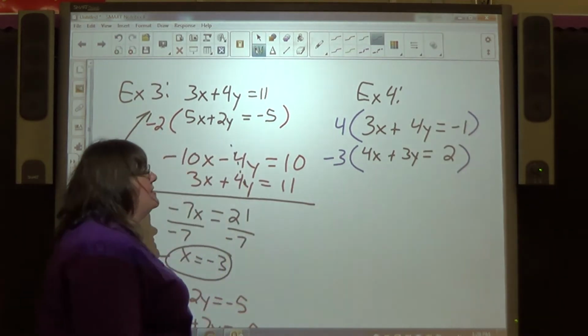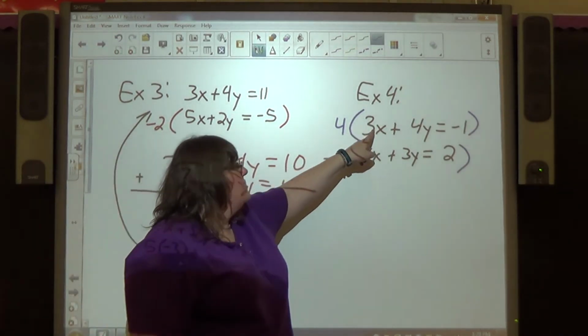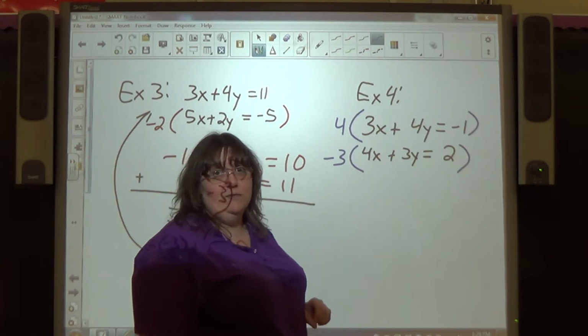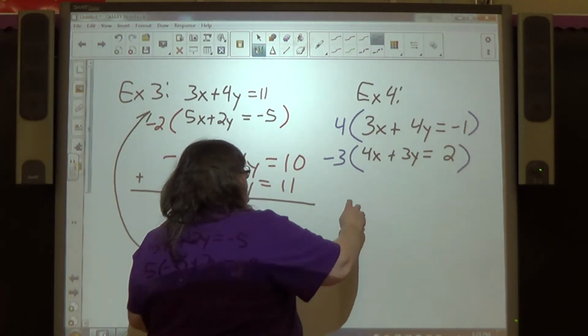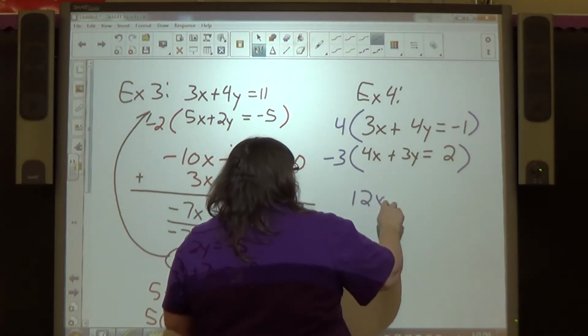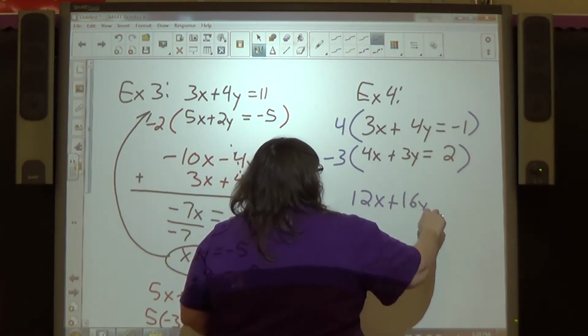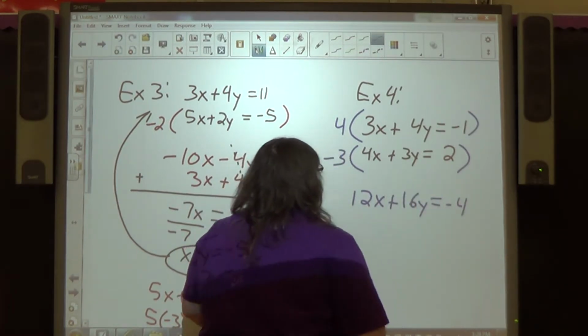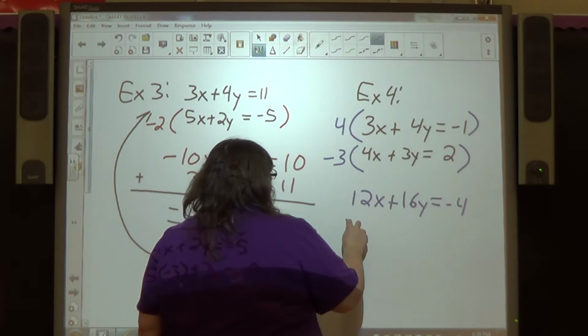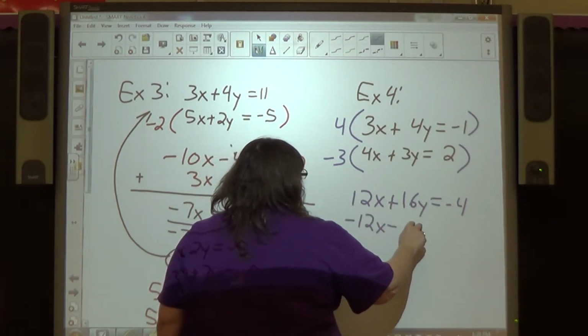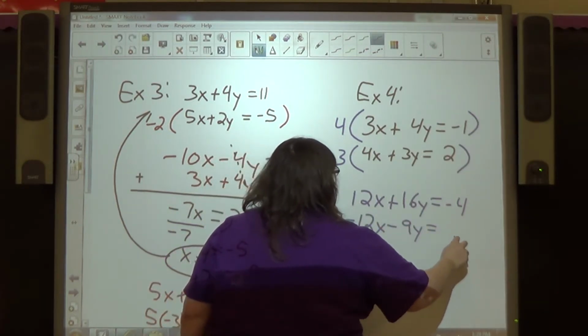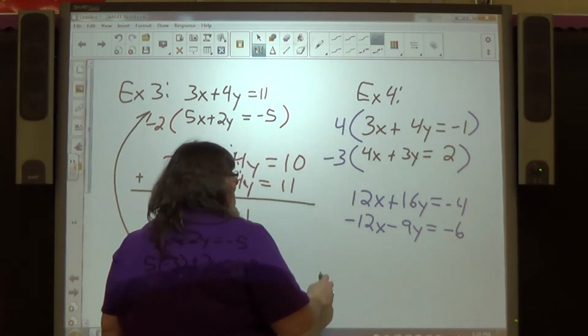When I do this, I will have a positive 12 and a negative 12. Okay? So I distribute 12x plus 16y equals negative 4. Distribute the bottom one. Negative 12x minus 9y equals negative 6.